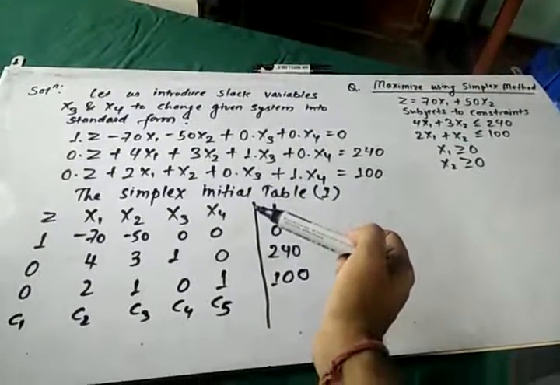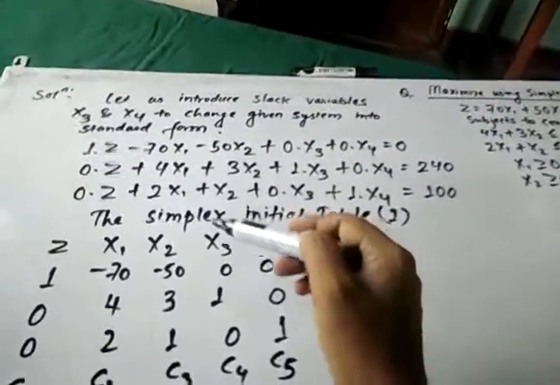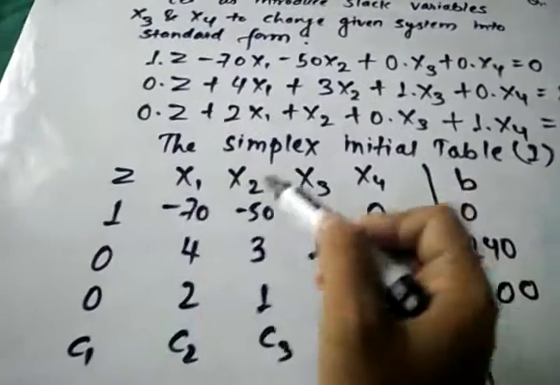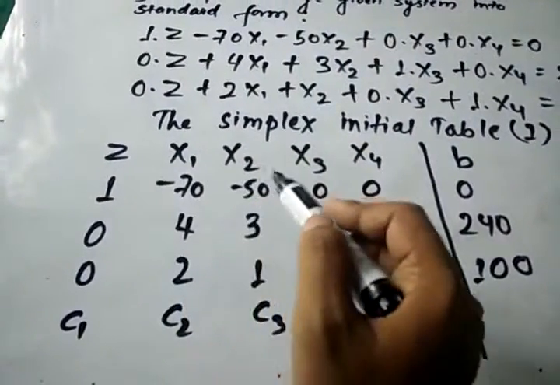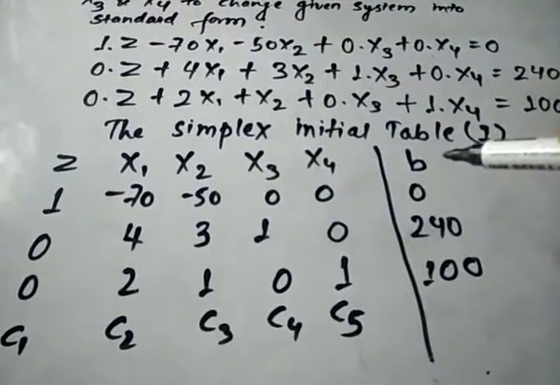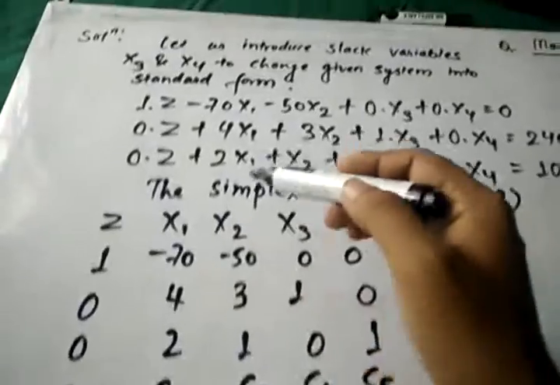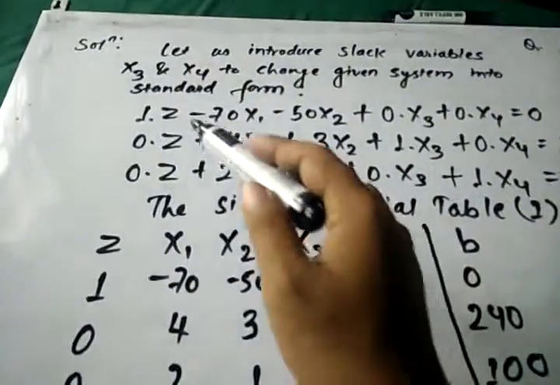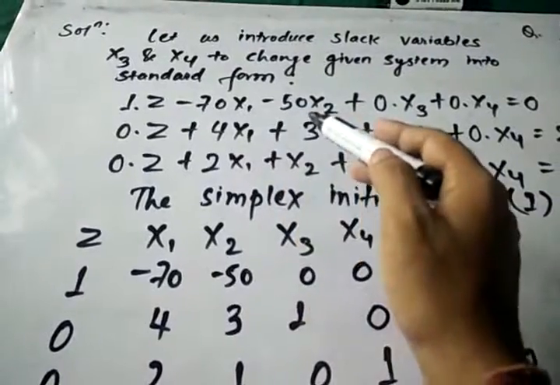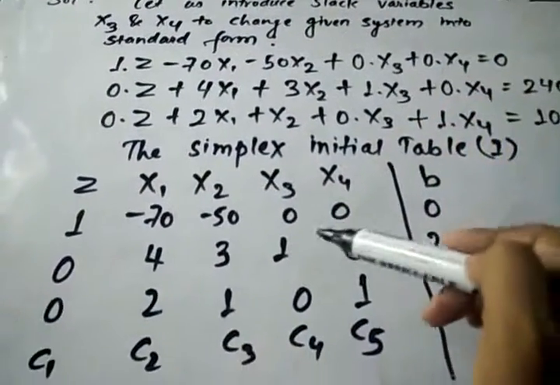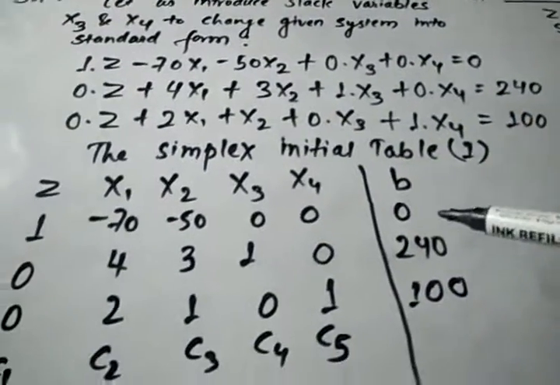Let us take a whole look. Now here is the simplex initial table: I, z, x1, x2, x3, x4, and let us suppose this column B. Now from these equations we write the coefficients here: 1, minus 70, minus 50, 0, 0, and this 0 is here 0.